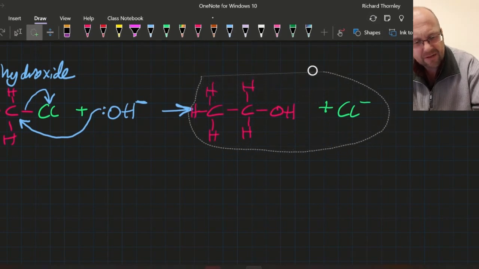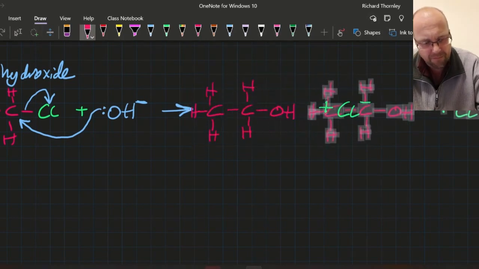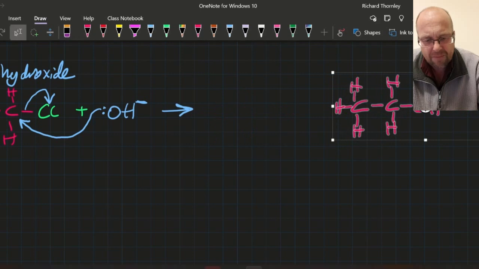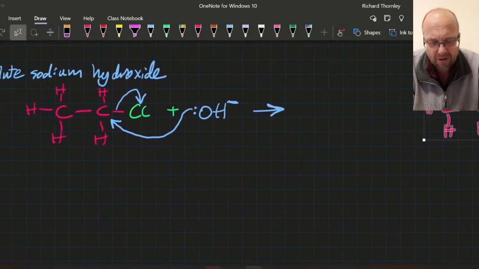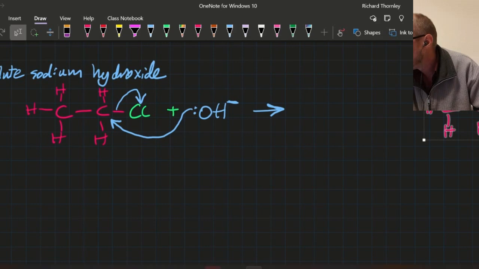Dirty devils. So let's move this over here. So you've got to show what's happening when the OH minus is popping on and the chloride's popping off. Now that involves 3D geometry. Do they want the 3D geometry?